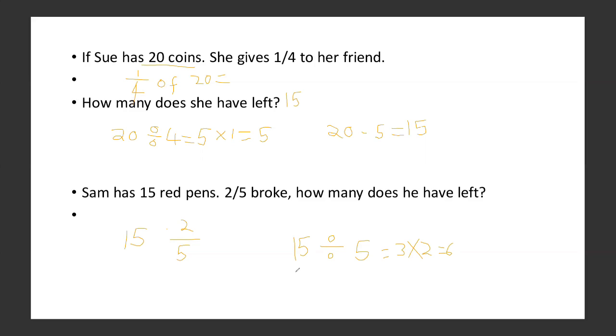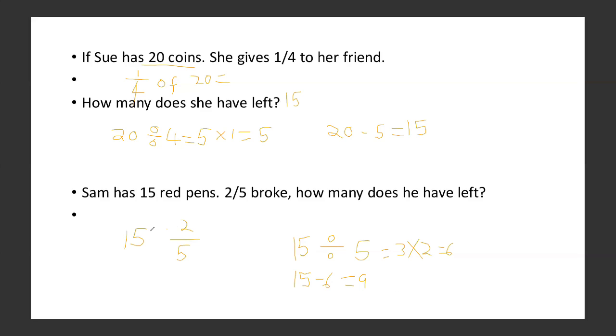How many does she have left? So I do 15, because that's how many I started off with, 15 minus 6. So 6 fingers: 14, 13, 12, 11, 10, 9. You should have got 9.